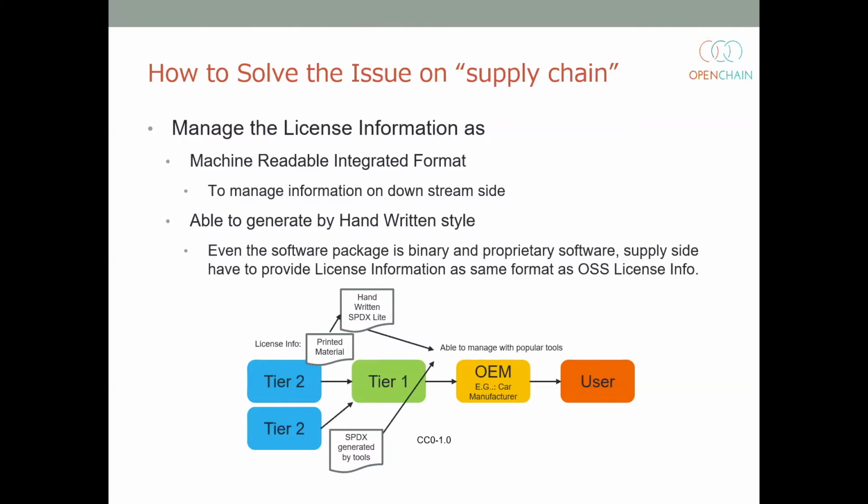Because sometimes the software package is binary and proprietary software in the real embedded software product. So in the supply chain, the supply side has to provide the license information in the same format as the other open source license software package information. And the integrator side has to manage those various license information in an integrated manner.